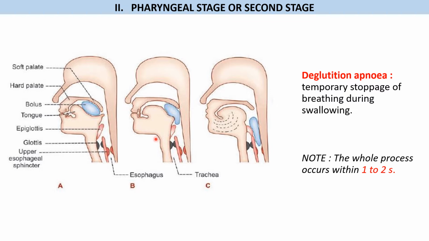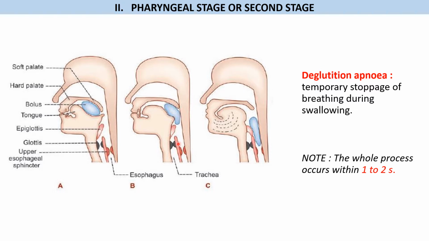This temporary stoppage of breathing during the deglutition process is known as deglutition apnea. Now, the larynx is pulled upwards and anteriorly by the neck muscles, which enlarges the opening of the esophagus.